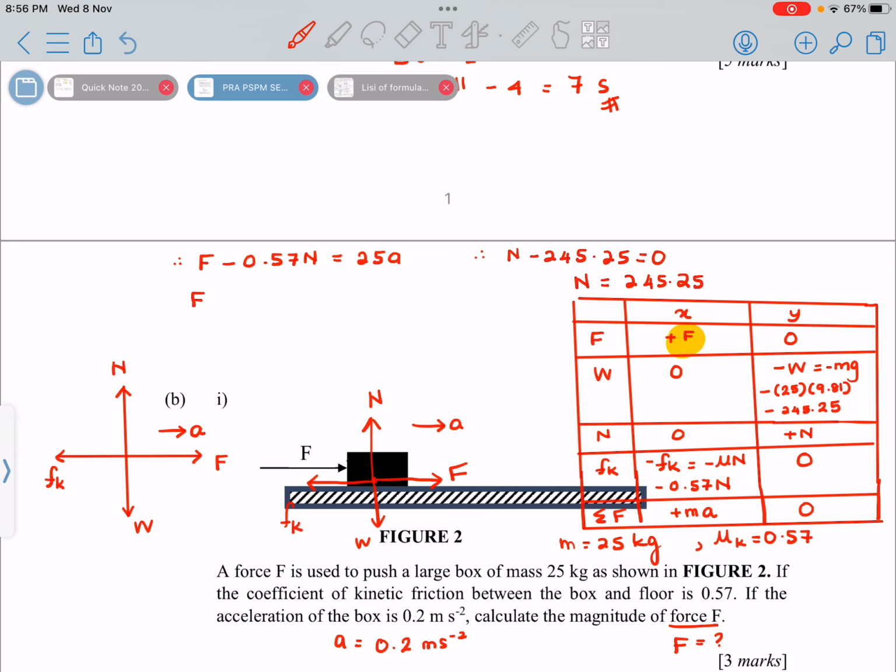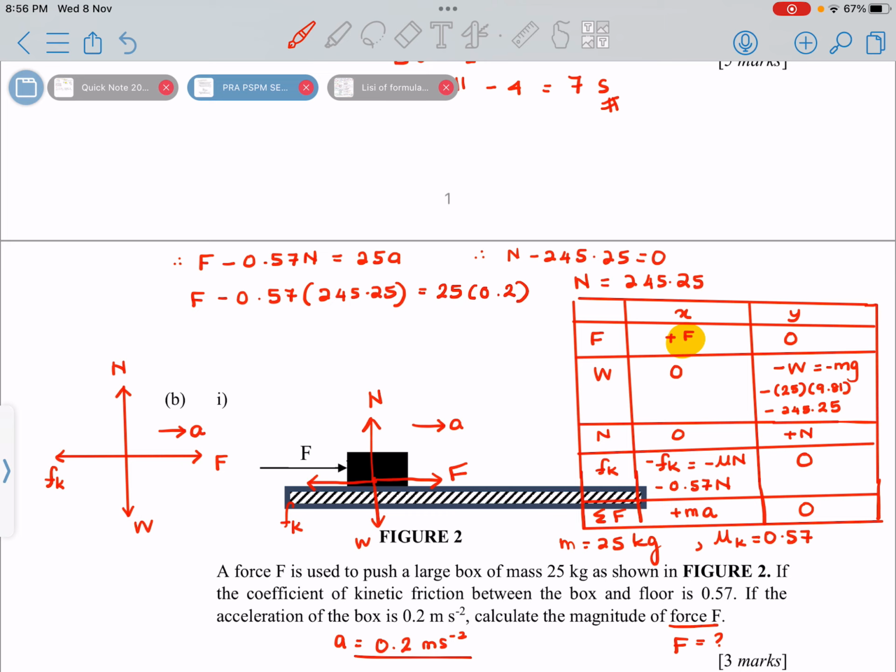And then kita pun boleh masuk dalam ni. F is equals to 0.57 times 245.25. Oh sorry, dia kasih nilai acceleration kan, which is 0.2. Okay, so you try to press your calculator. I'm going to try to press my calculator.